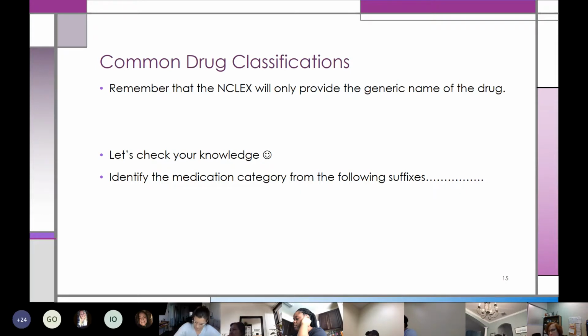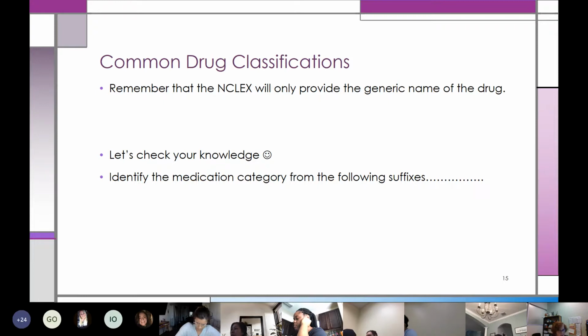They stopped this a number of years ago because there were a lot of legal issues using trade names. So generic name is the only one that you're going to get. And sometimes even the drug may not be mentioned, so you just have to know what kind of drugs that patient might need for a particular condition.